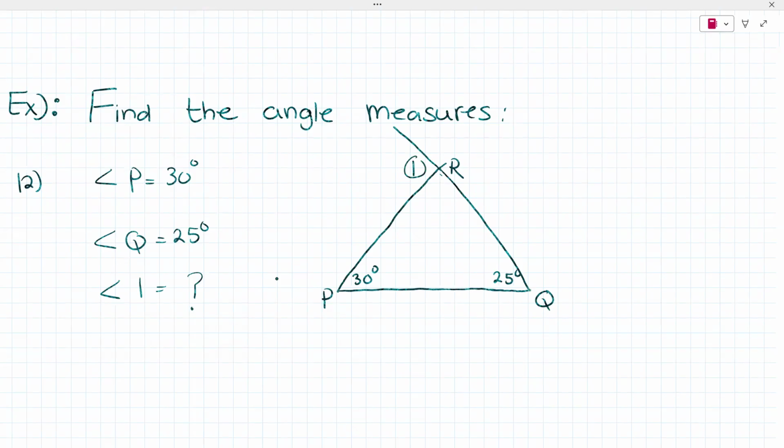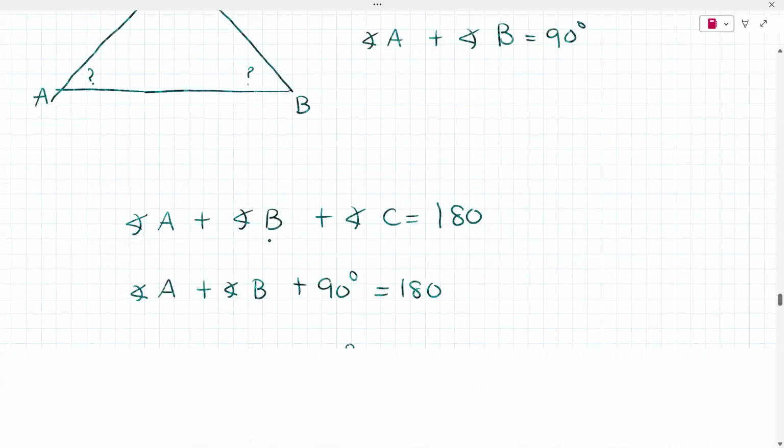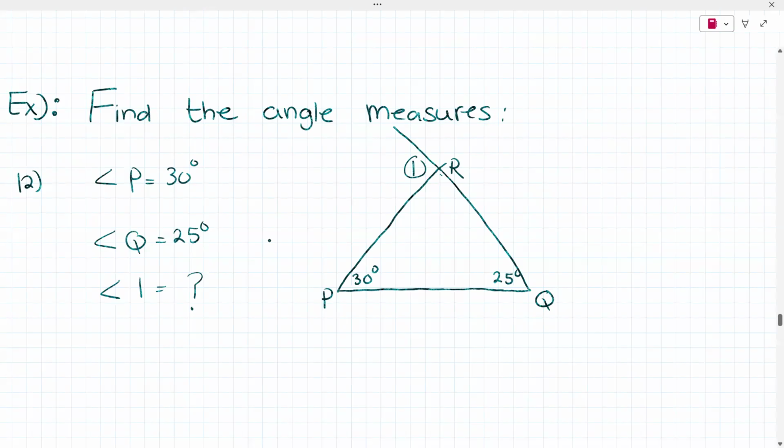And then you have this angle R. What is angle 1?